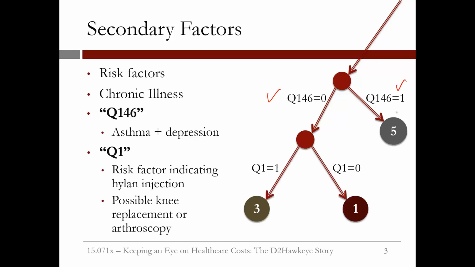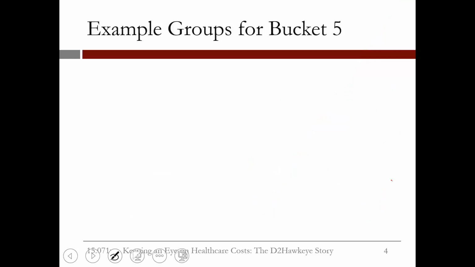If it doesn't, then we consider a particular indicator indicating a hyaline injection, which is an indication of a possible knee replacement or arthroscopy. So if this indicator is equal to 1, then it's bucket 3. If its indicator is equal to 0, if it's not present, then it's bucket 1.